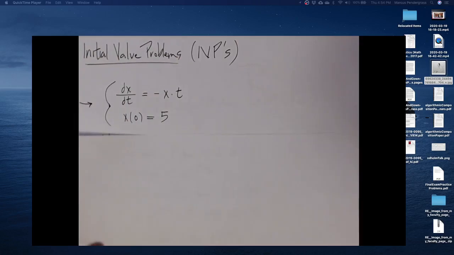So you notice that all those solutions on the previous slide had a constant associated with them. The solution of just the differential equation itself had an arbitrary constant, and that essentially comes from the idea that when you integrate a function, you get a constant of integration.